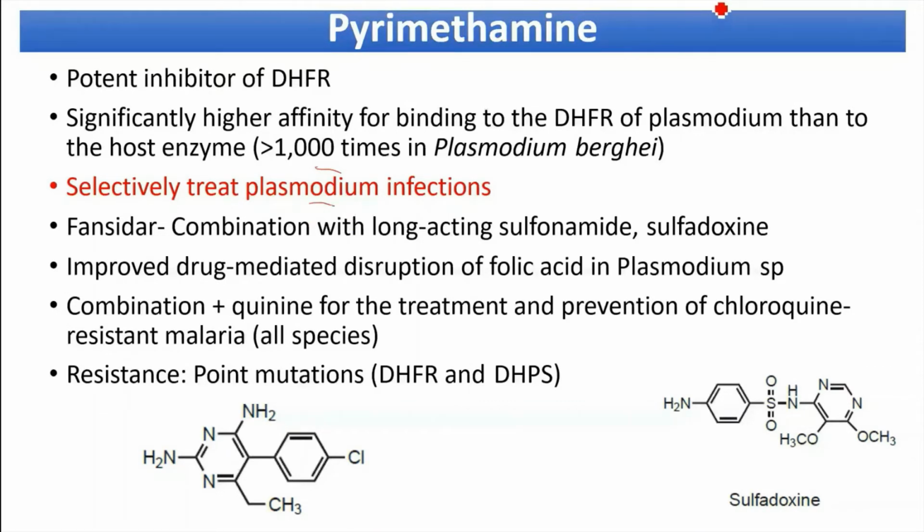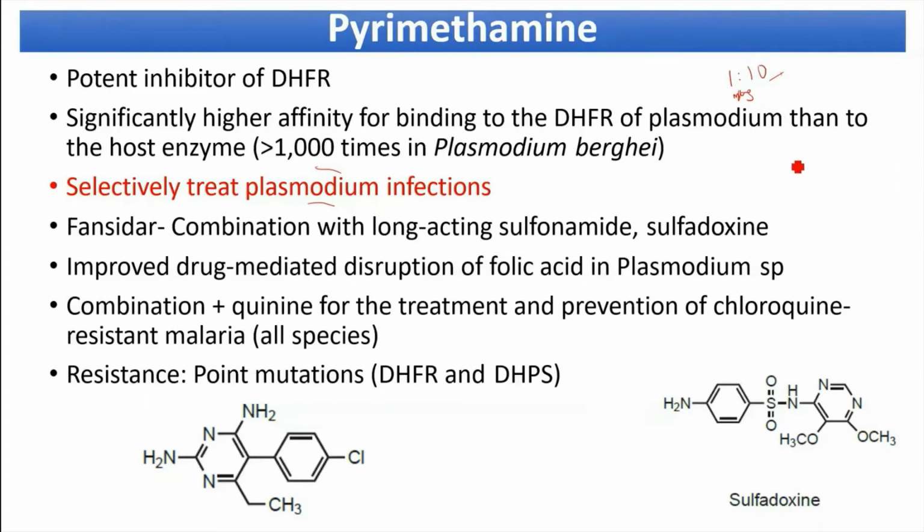Imagine I say that my drug has 1:10 selectivity, which means if it is inhibiting human at 1 microgram, 10 times the concentration is required to inhibit the other form.